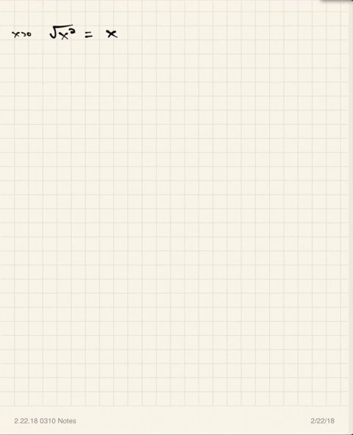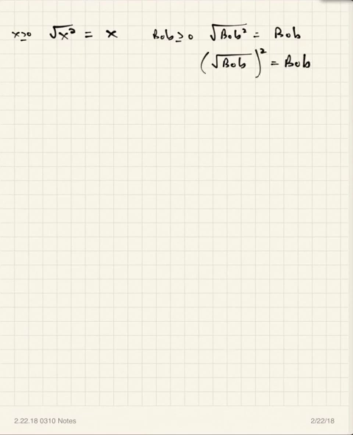So one more general way to write that is you could say that if Bob is positive or 0, the square root of Bob squared is equal to Bob, and you might see that written 2 different ways. Notice the first way I write it is with the square underneath the radical, and the second way I might write it is with the square outside the radical, but those mean the same thing. And so either way you get Bob as an answer there.